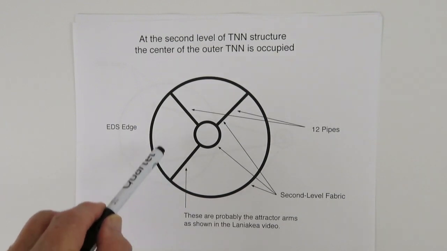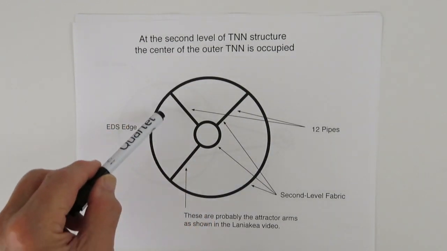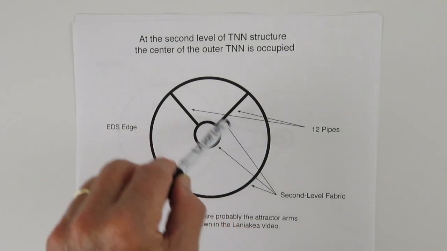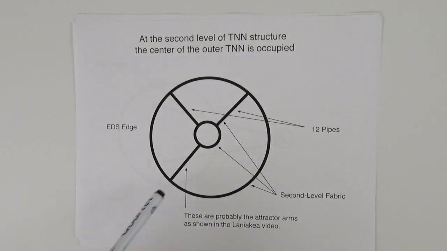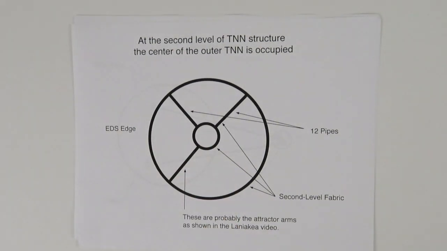So there's no reason to think of this as a sphere. It could be a very complex structure all throughout the volume. And there may in fact be perhaps 12 attractors in the universe.